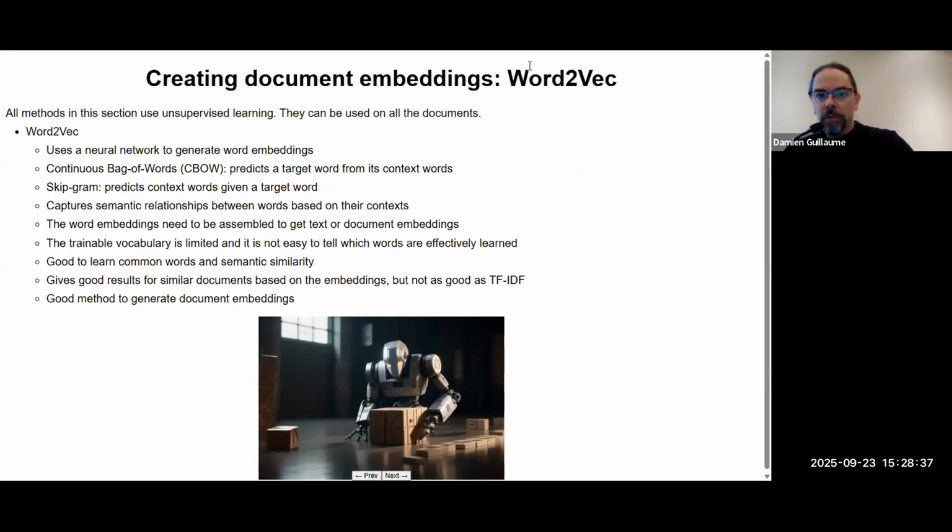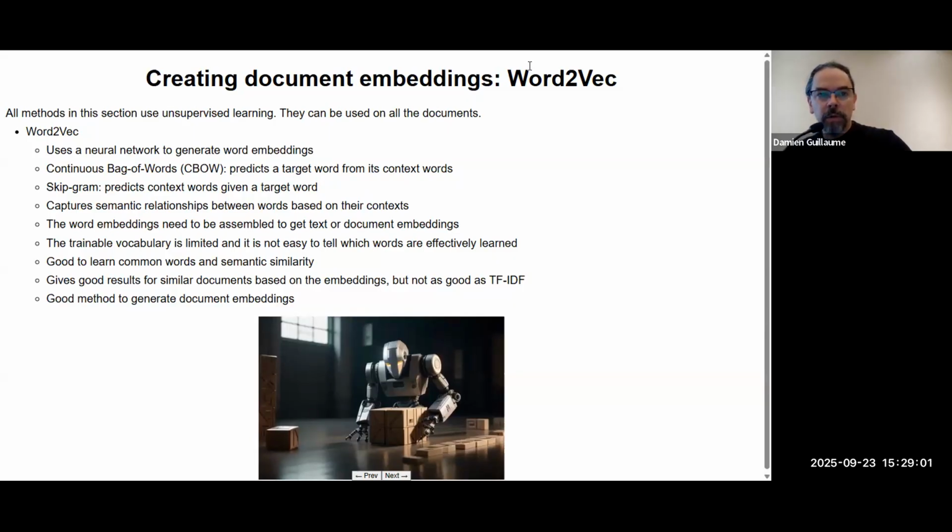So the first method I've used to create document embeddings was word2vec. That's unsupervised, so it can be applied to all the documents, not only the ones with call numbers. Word2vec is used to embed words. There are two techniques.